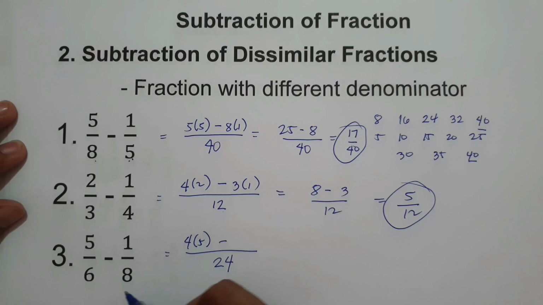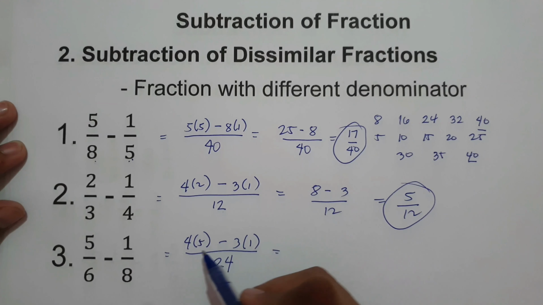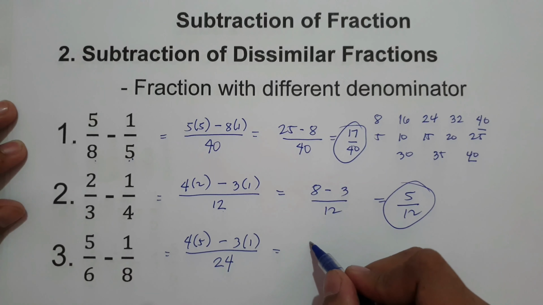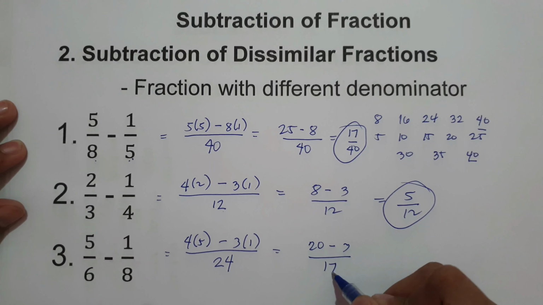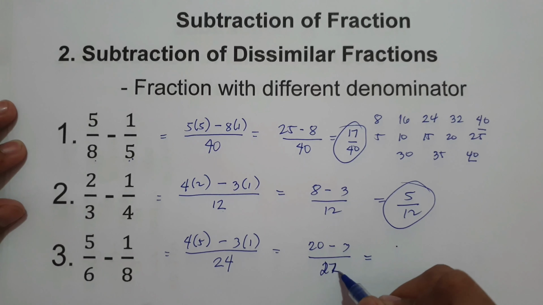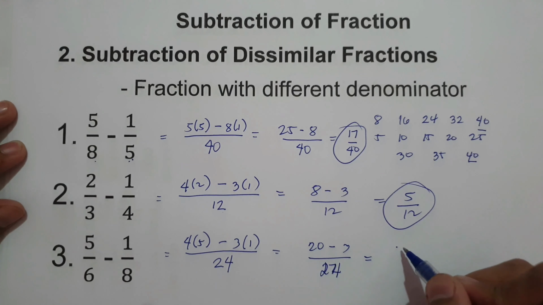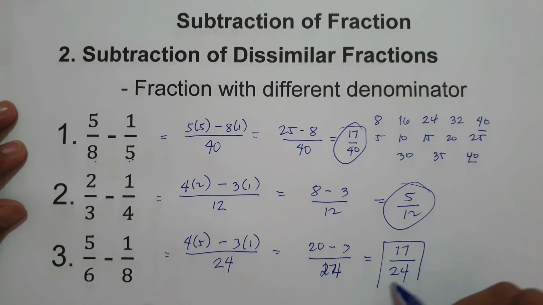Minus 24 divided by 8 is 3, times 1. 4 times 5 is 20. Minus 3 times 1 is 3, over 24. So 20 minus 3 is 17 over 24. So this will be our answer.